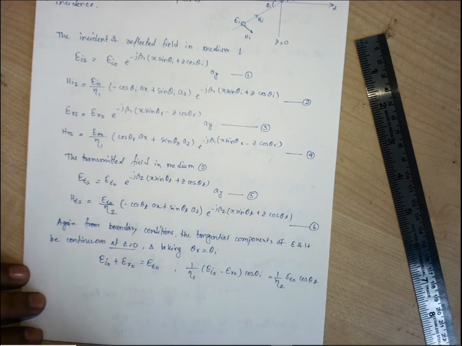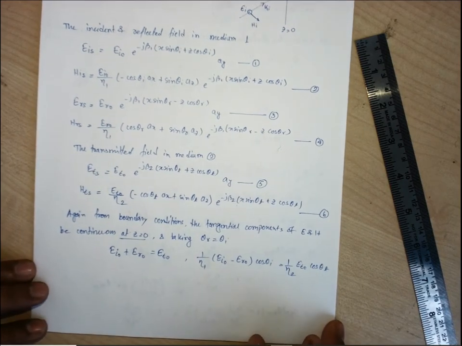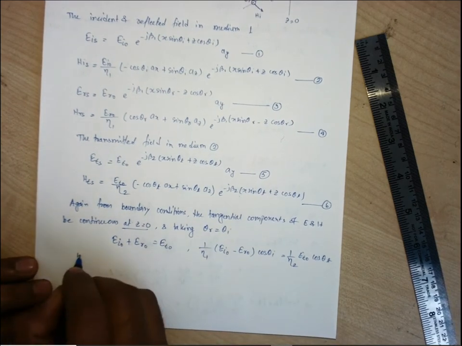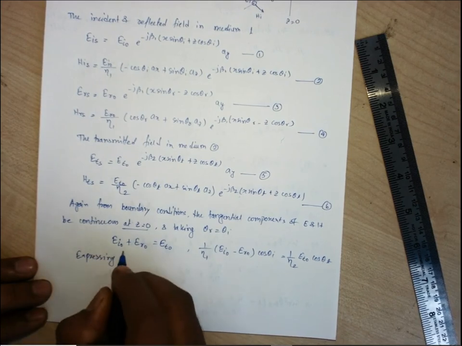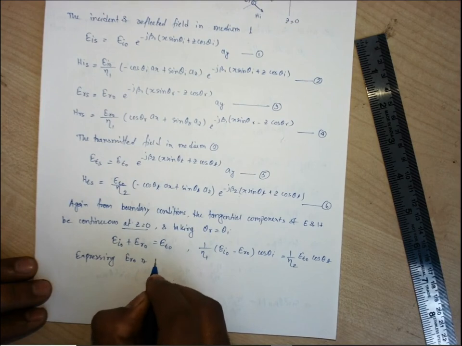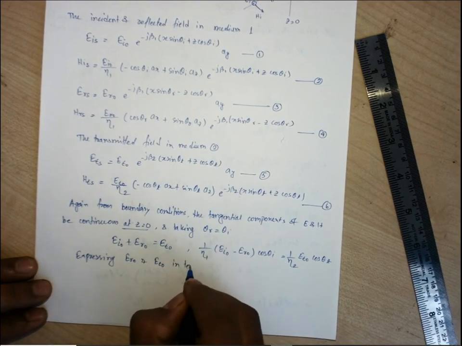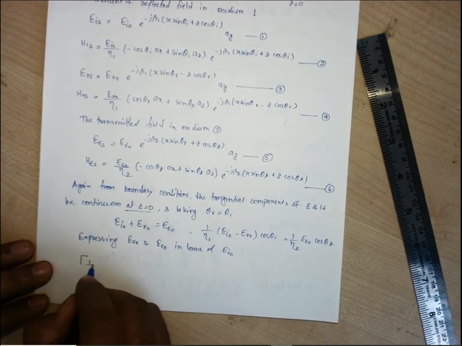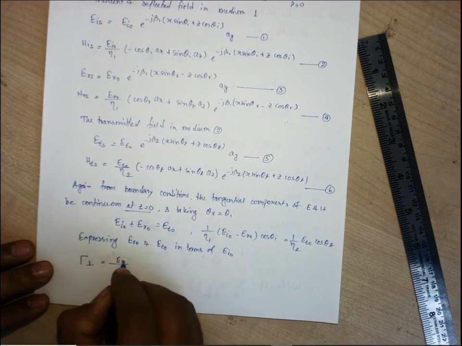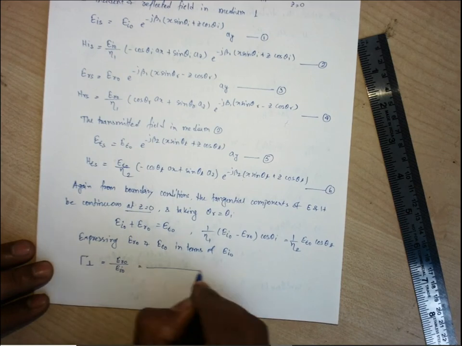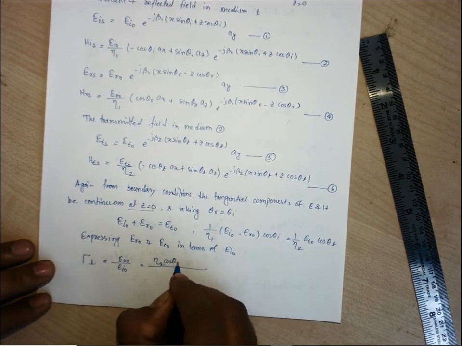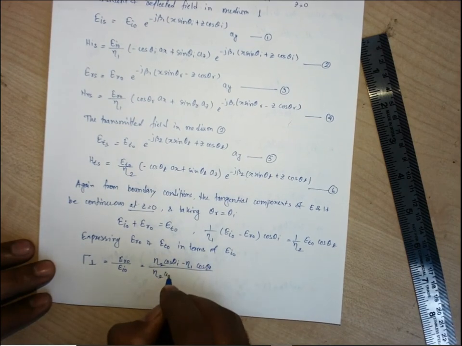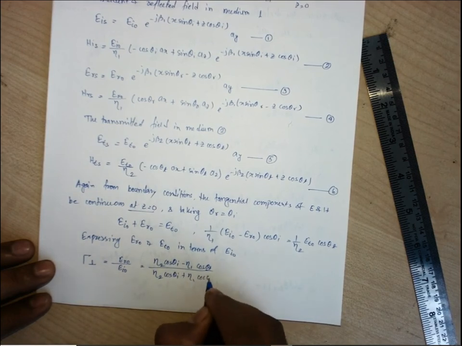1 by eta 2 cos theta t. So if we express the reflected and transmitted in terms of the incident, expressing ER0 and ET0 in terms of EI0, the reflection coefficient for perpendicular polarization, ER0 by EI0, is (eta 2 cos theta I minus eta 1 cos theta t) by (eta 2 cos theta I plus eta 1 cos theta t).